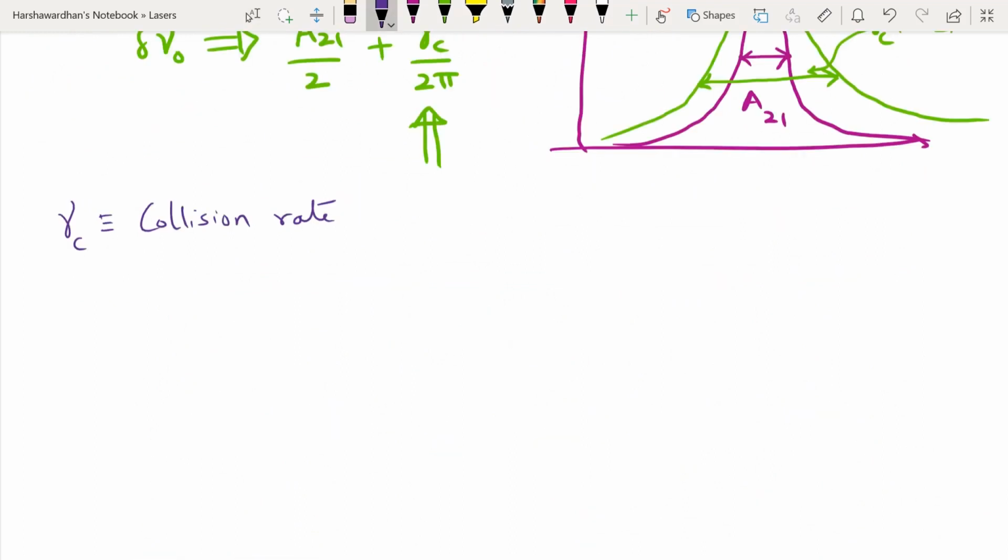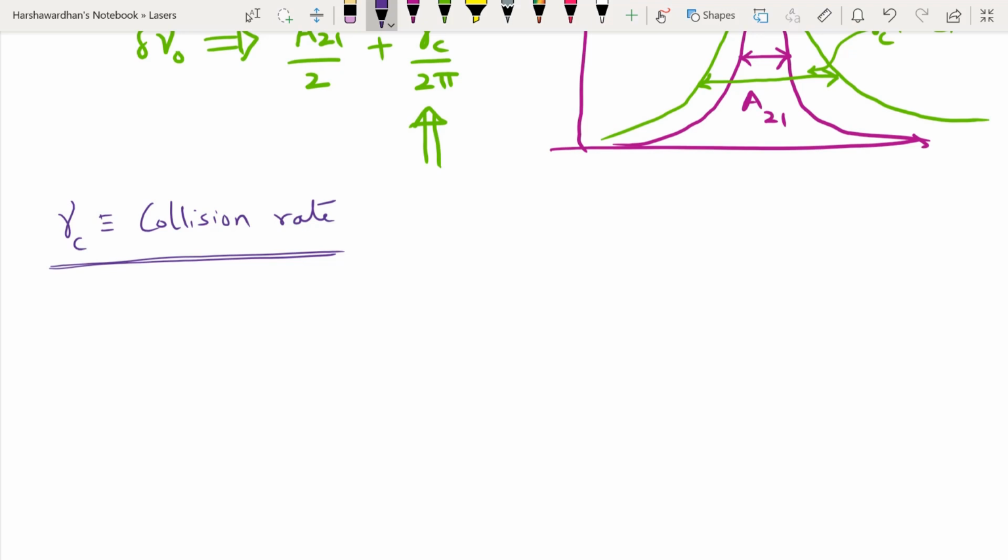So let us now estimate how one obtains the numbers for the collision rate. These can always be obtained through experiments. However, let us look at whether we can get an order of magnitude estimate using what we already know.